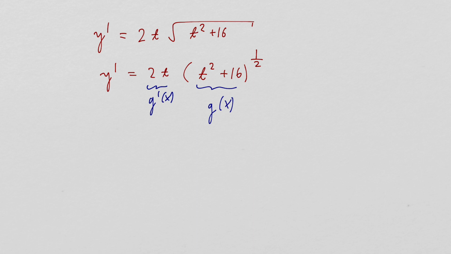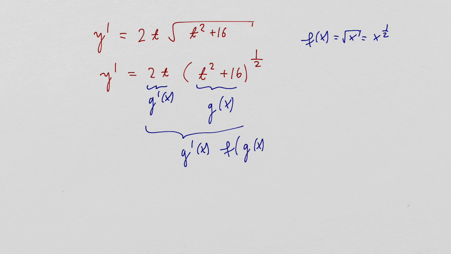If we also denote that f of x is the square root of x, or x to the power 1/2, then the left hand side takes the form: the derivative of g times f at g of x. Perhaps this seems familiar. This is the derivative of the composed function.